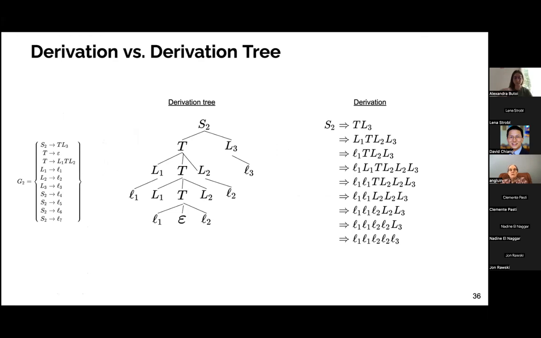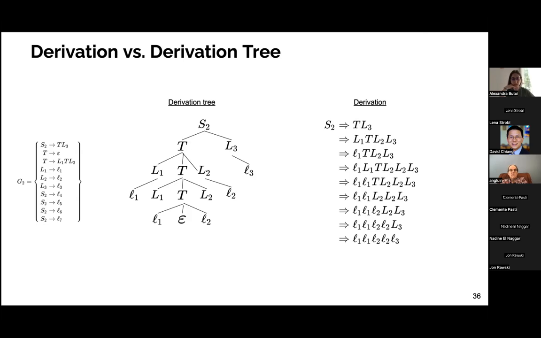And one important thing is that in our paper, we make a very clear distinction between a derivation and the derivation tree. So if you have this context-free grammar G2 that we just saw, a derivation tree would look like this. But a derivation is just a sequence of items that get produced by applying a rule of the grammar.